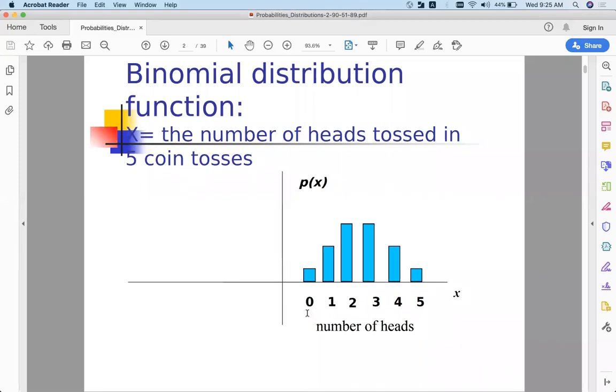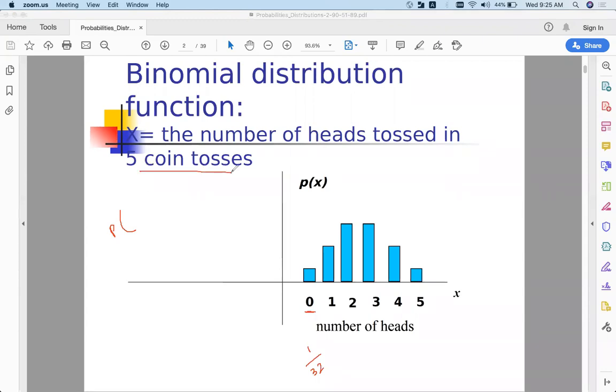What it means is the probability of flipping a coin 5 times and there are no heads. Zero means there are no heads. So the probability is equal to 1 divided by 32. What is the probability that there are no heads?